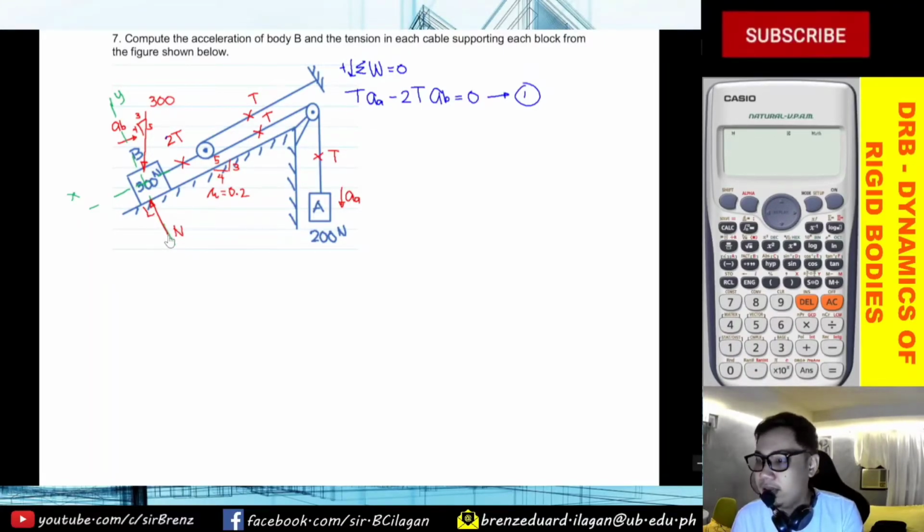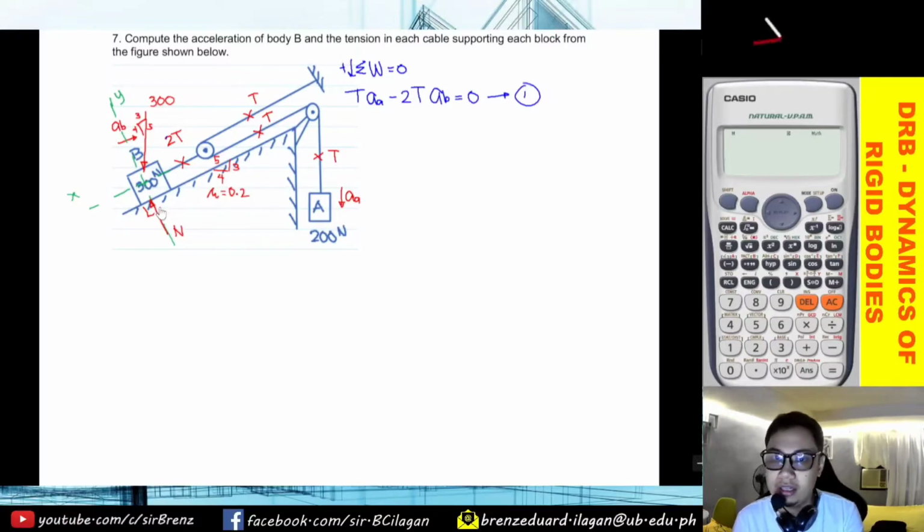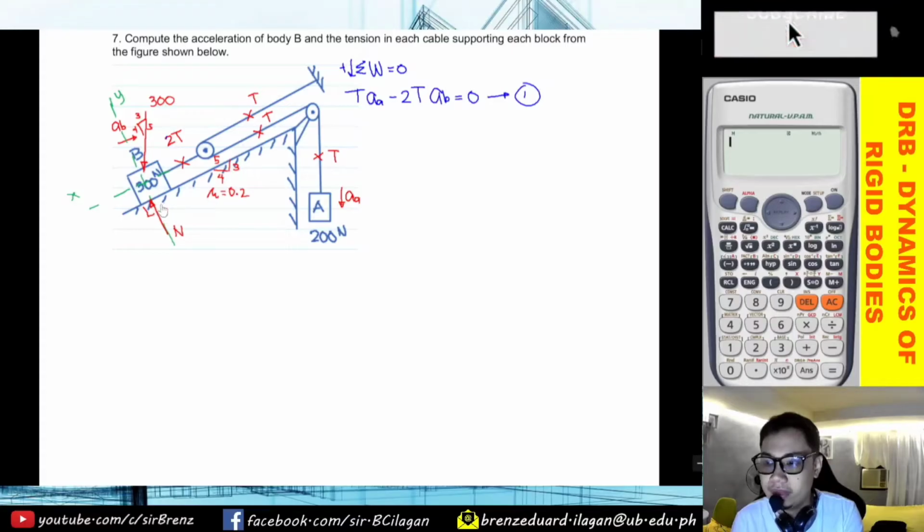Next, ano pa ba mga force ang kulang natin? We have the frictional force. Just like the reverse effective force, same property lang din siya. That is always opposite the motion of a certain particle or a body. Since this block is going upward the plane, yung frictional force mo is going in this direction, pababa siya, downward.